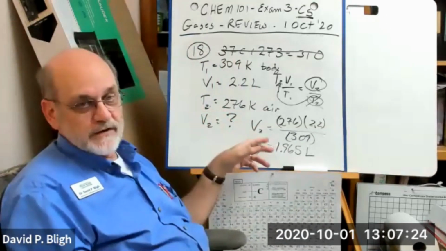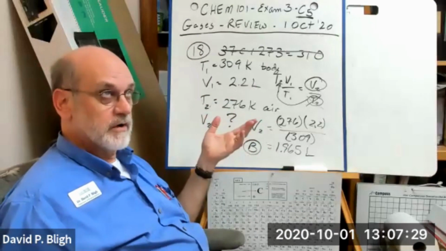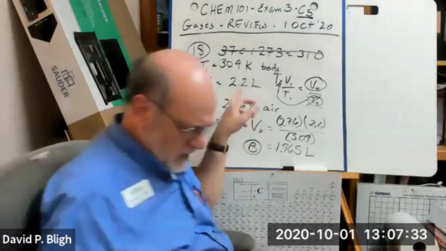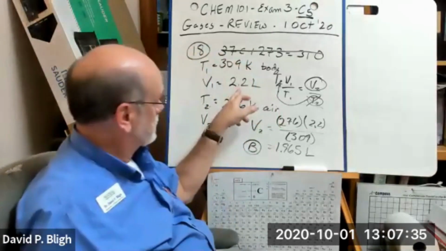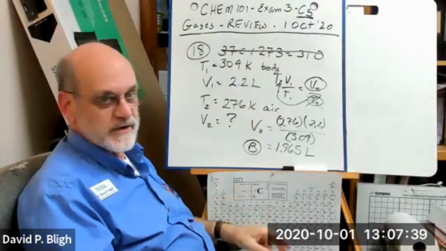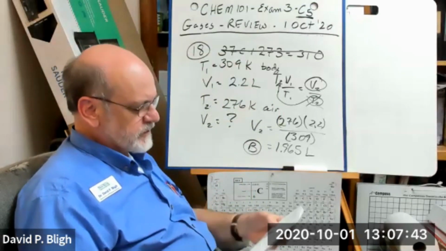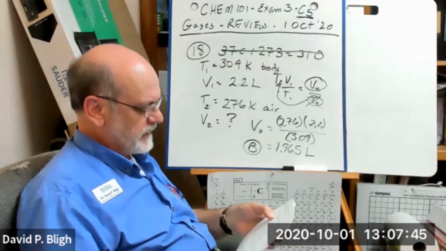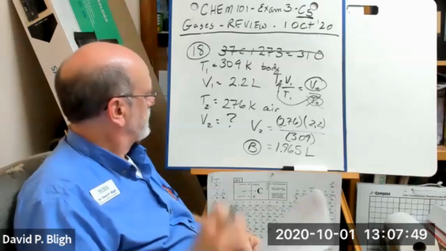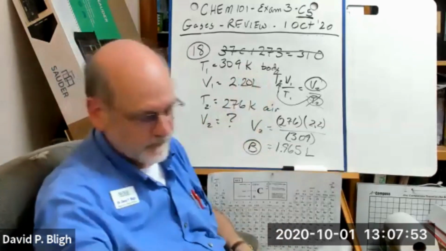I mean, even if it's not correct significant figures. Or did I put the wrong number? No, 2.2. So it should have been rounded off to 2, shouldn't it? 2.0. But the nearest one to 2.0 is 1.97. Should redo the problem to put a 0 in there.